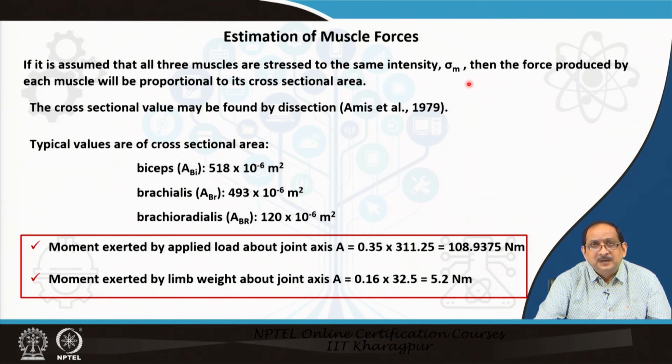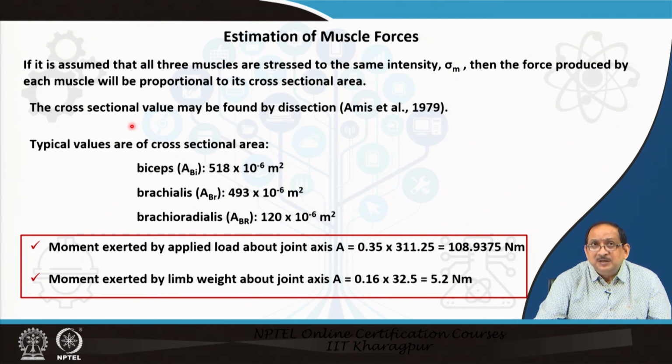Okay? So, if we consider the stress to be the same in all the muscles, then the forces produced in each muscle will be proportional to its physiological cross-sectional area.